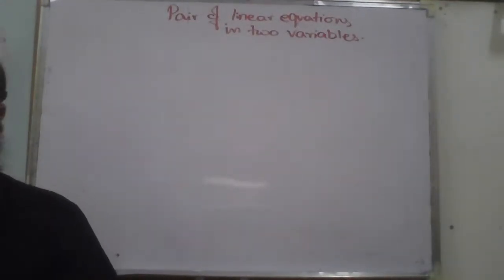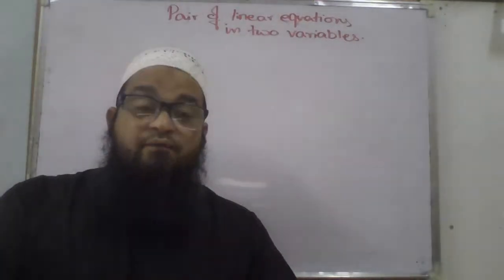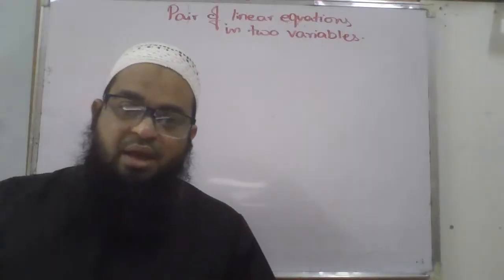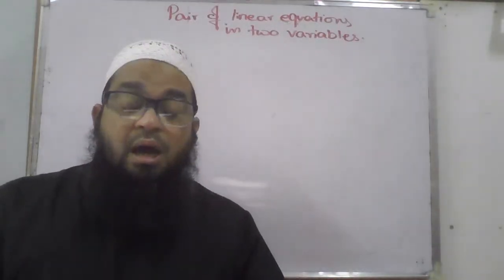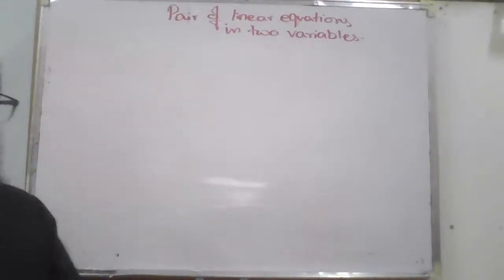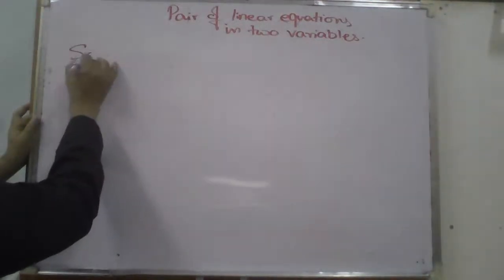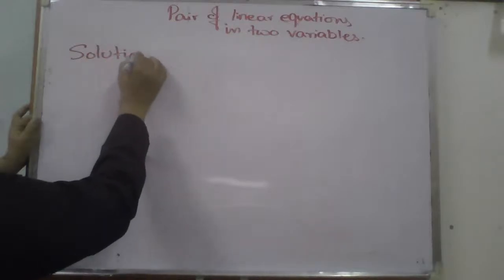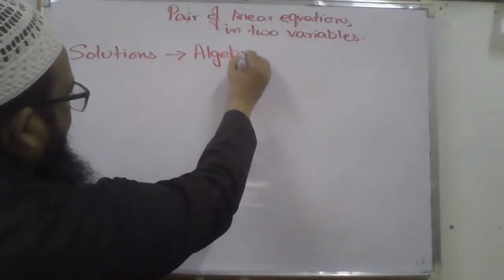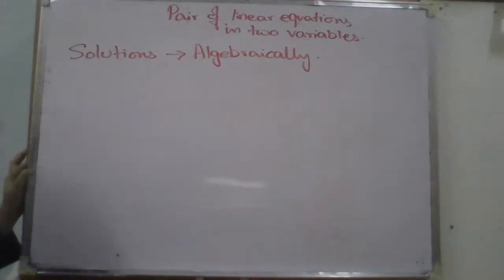For quadratic equations and linear equations in two variables, the most important thing is word problems. These will come for 1 mark or 2 marks maximum, whatever concepts we have seen. And there is one more concept, which is finding the solutions algebraically. What is the first method?